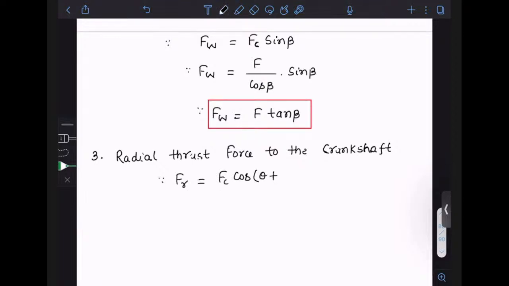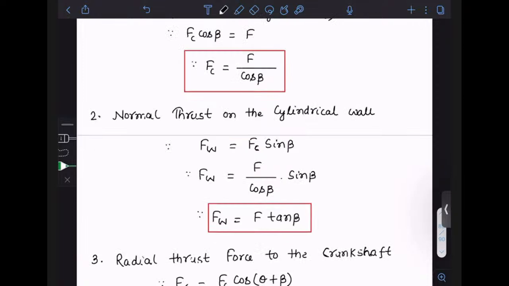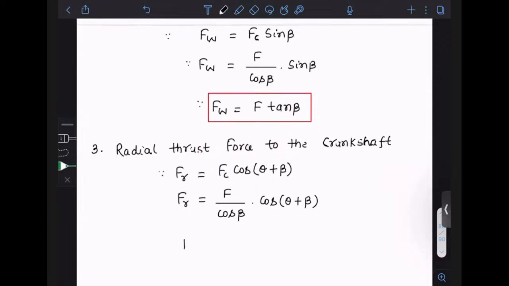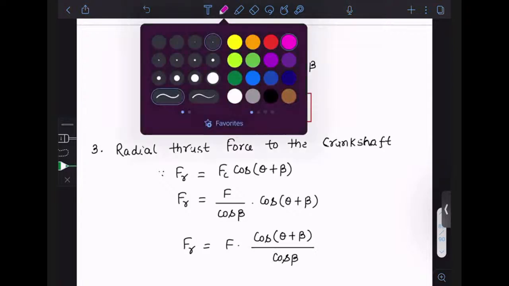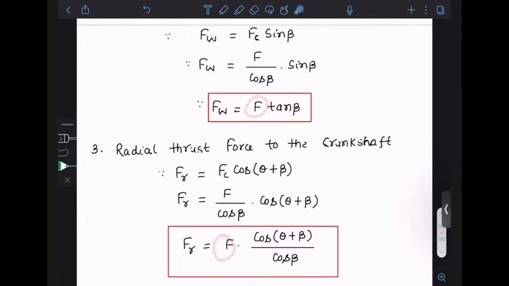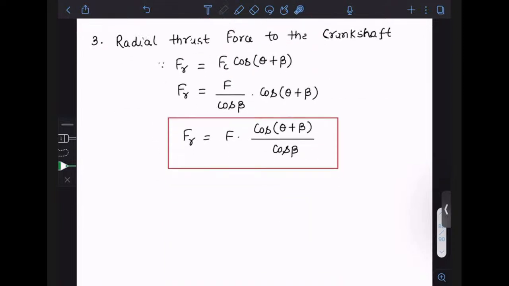Fc is your F by cos beta. So Fr is F cos(theta plus beta) divided by cos beta. This is the force which is always given in the problem. That's why I'm giving you this force, right?